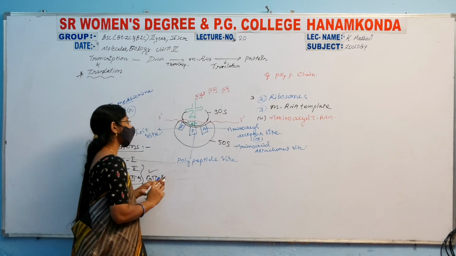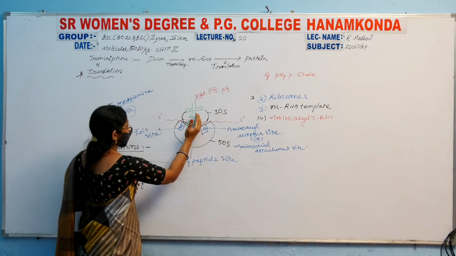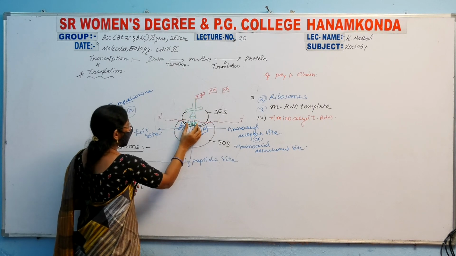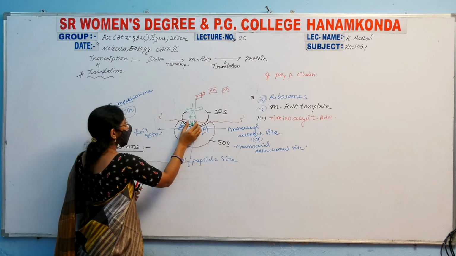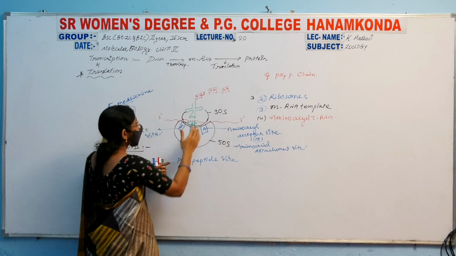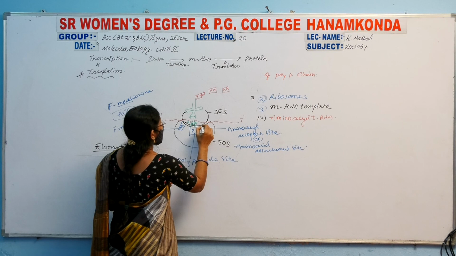The energy is required. That is why the next step follows here. The tRNA gets attached to this site and slowly moves. Another tRNA is then joined at this A site.